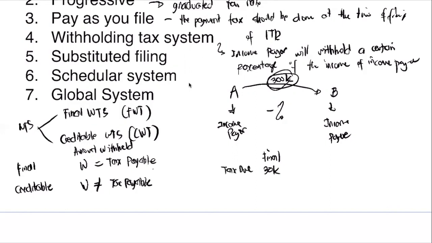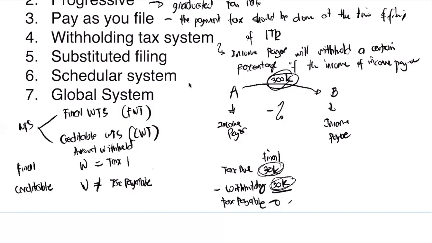Tax due. Less any withholding. So let's say the income payer withheld 30,000 also. So you have here 0. So your tax payable is 0. As you can see, the amount of withholding here is equal to your tax payable. Why? Because here 30,000 is equal to your tax due of 30,000.